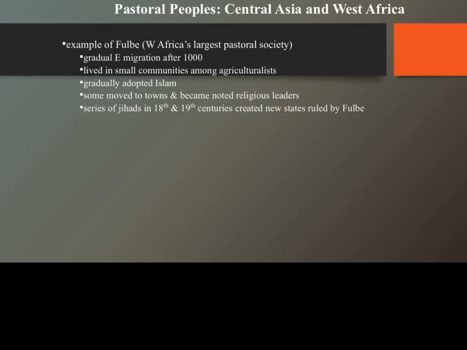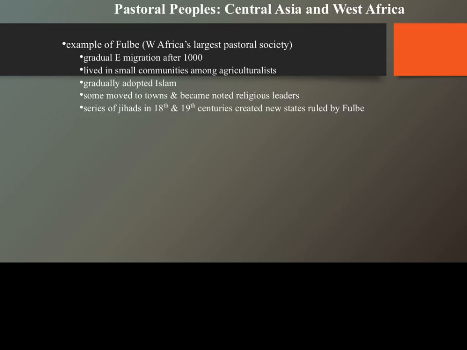But there was a series of jihads in the 18th and 19th centuries that created new states ruled by the Fulbe. These people were from the upper reaches of the Senegal River. They were nomadic cattle herders. Initially, they traveled and settled among some societies. They paid rent to some of these settled communities for grazing rights.